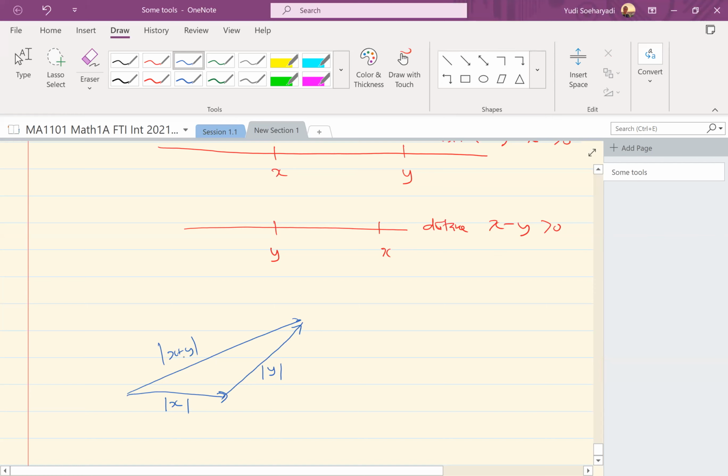The length of one side of a triangle is always less than the sum of the other two.